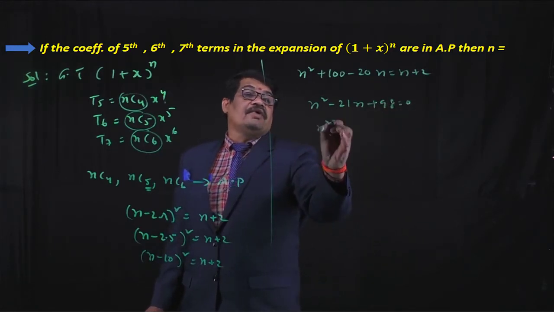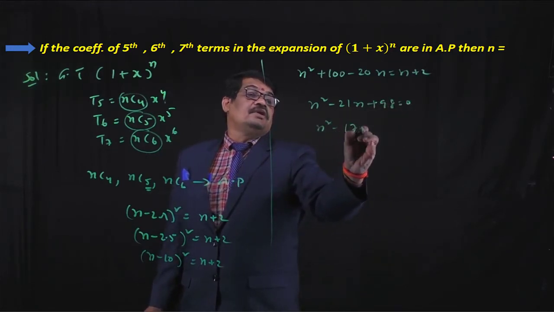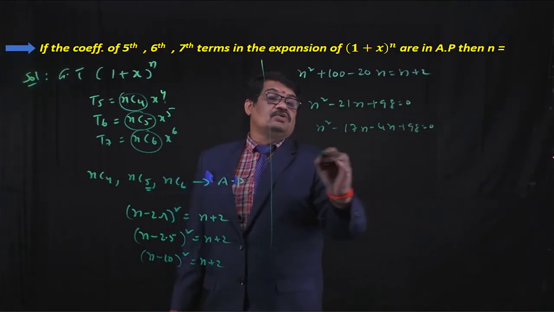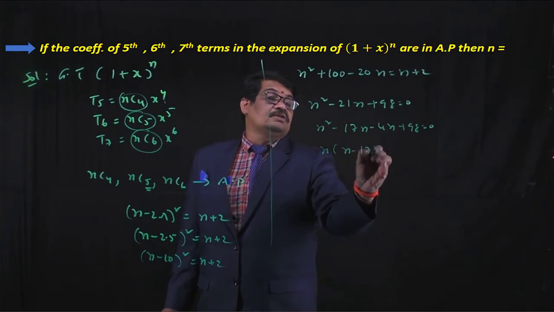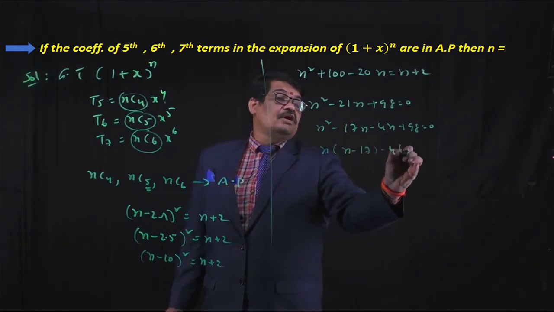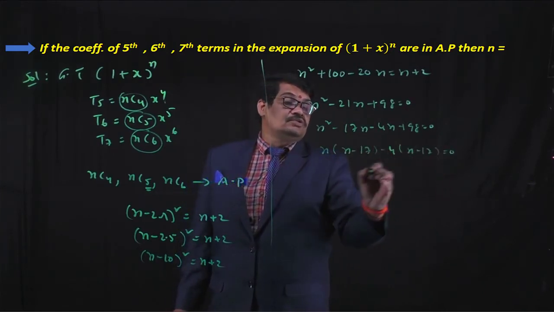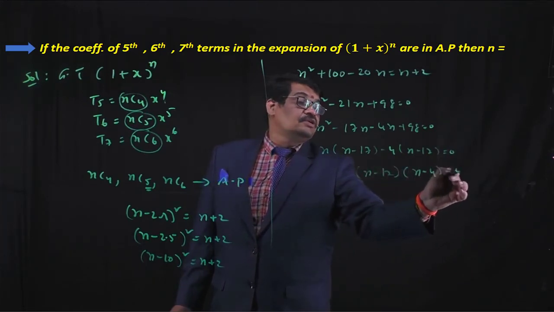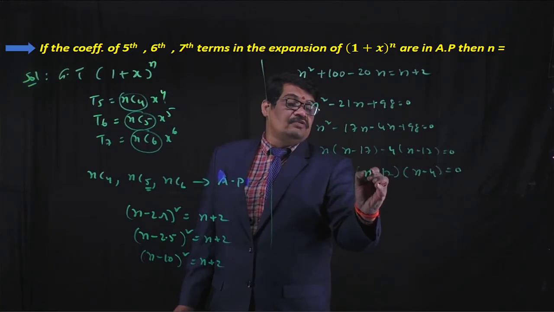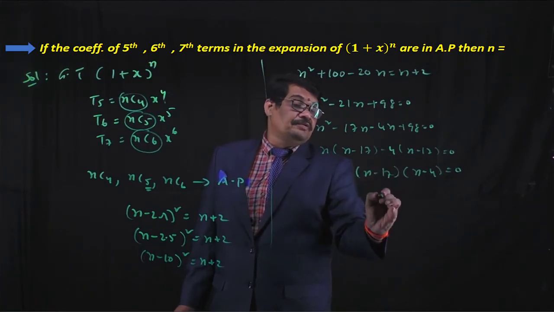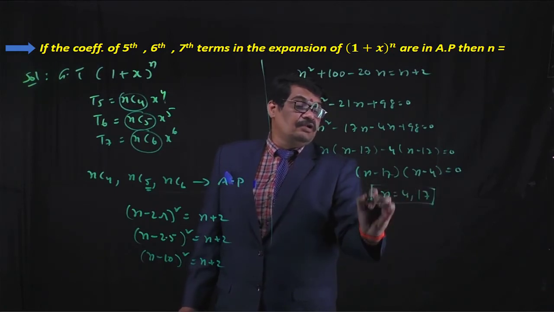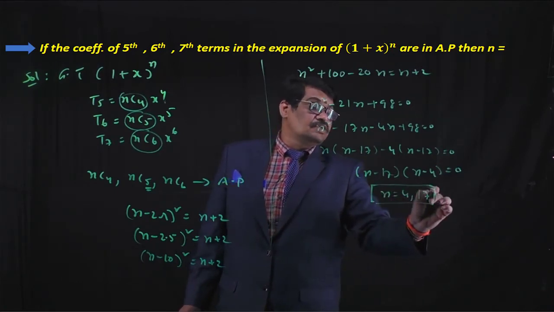Now writing the factors: n² − 17n − 4n + 98 = 0. Here n is common, n(n − 17), −4 is common, (n − 17) = 0. So (n − 17)(n − 4) = 0. So the value of n is 4 or 17.